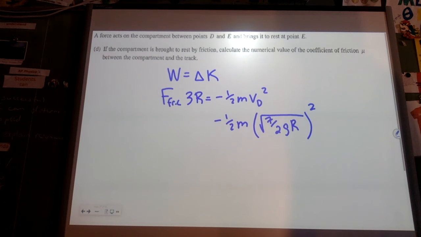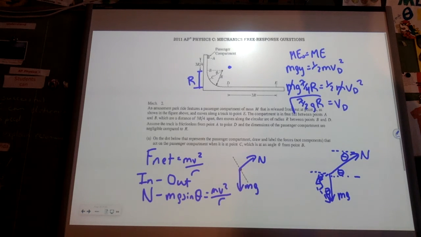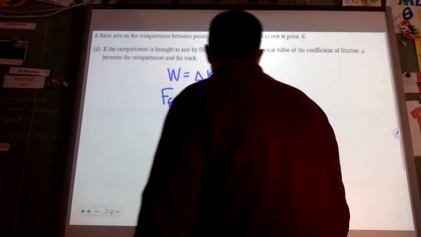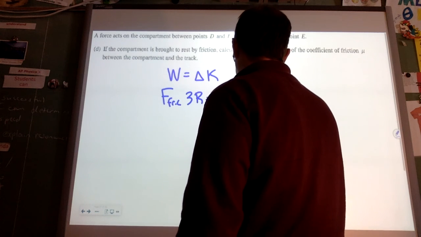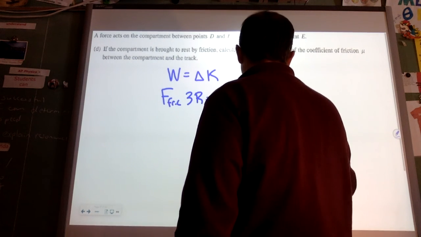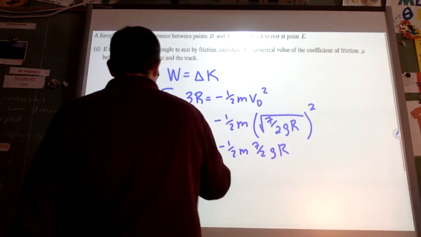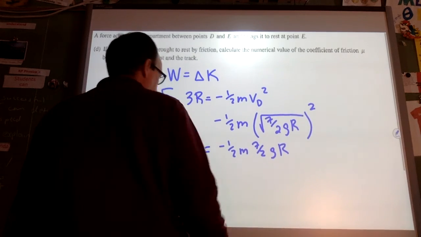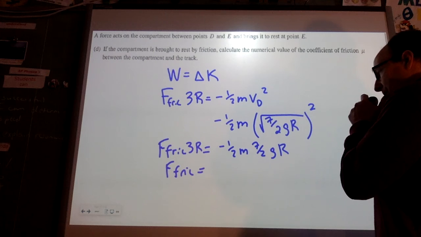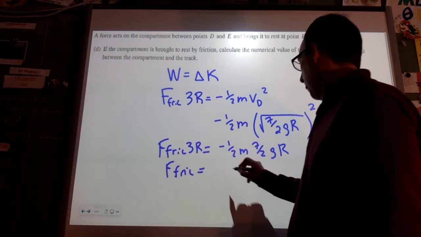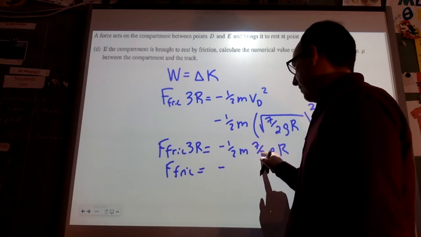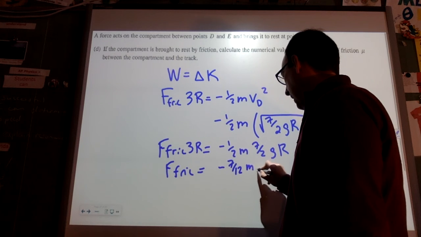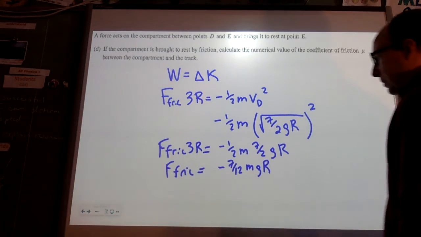I'm going to go back and make sure that's what it is. I think it's 7/2 gR. Yep. So this is going to be negative 1/2, 7/2 gR is equal to F friction times 3R. So F friction is going to be equal to negative, I have 7/4 divided by 3 is going to be 7/12 mgR.